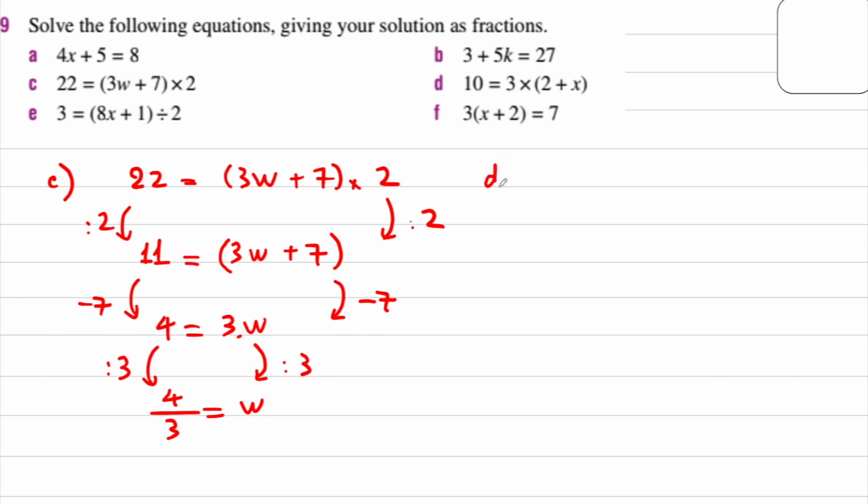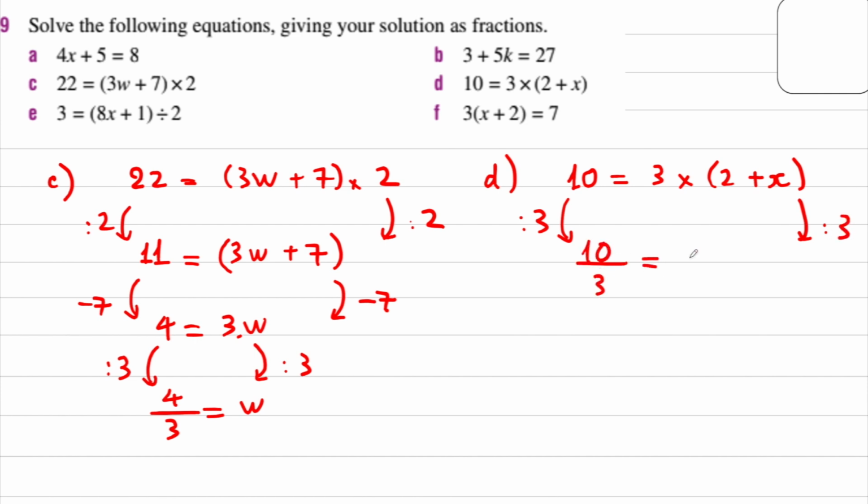Question D. About question D, here is 10, 3 multiplied by 2 plus x, and this will be divided by 3. This is divided by 3 at the same time. Here is 10 divided by 3. This is 2 plus x, like this one. And then the next operation has to be minus 2.